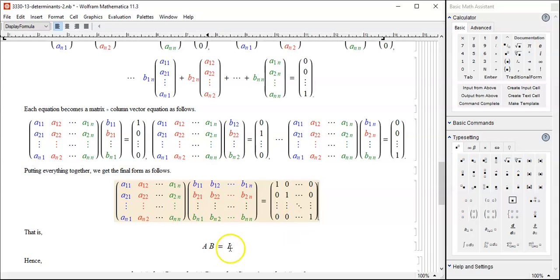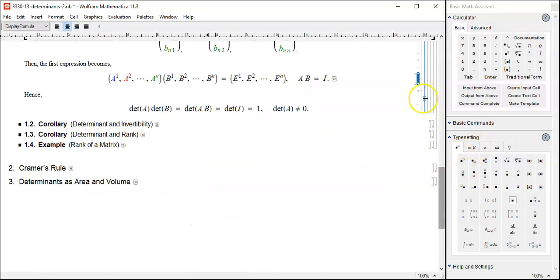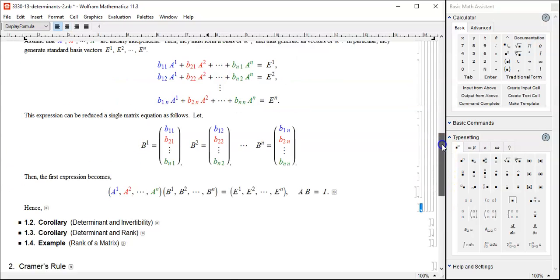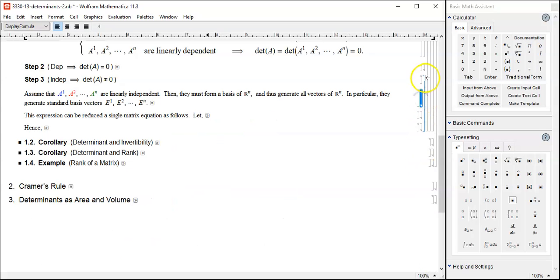So yes, it turns out A times B is equal to I, and from there, proving determinant of A is non-zero is not difficult. So that completes the proof, and as for following all those indices, good luck.